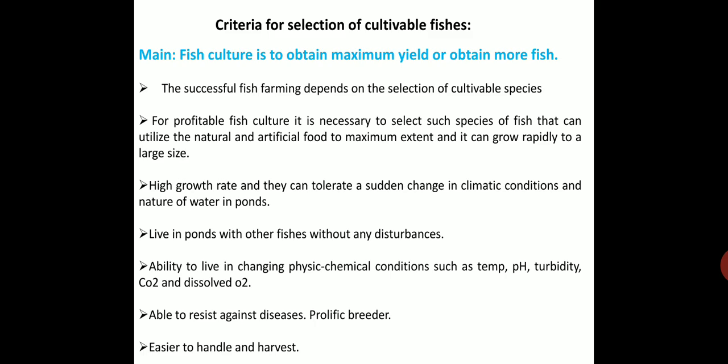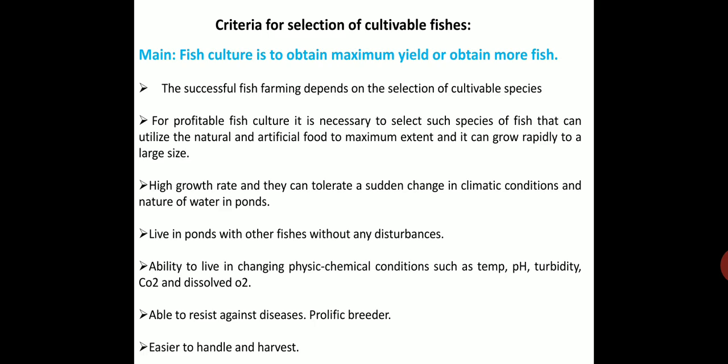Now we'll discuss the criteria for selection of cultivable fishes. When you are selecting the fishes, they should have all these qualities before cultivating. Mainly, to obtain maximum yield, or to obtain more fish, is an important criterion. Second, successful fish farming always depends on the selection of the cultivable species.